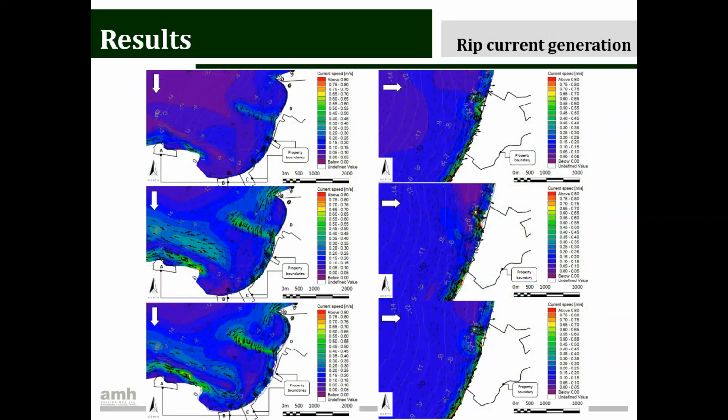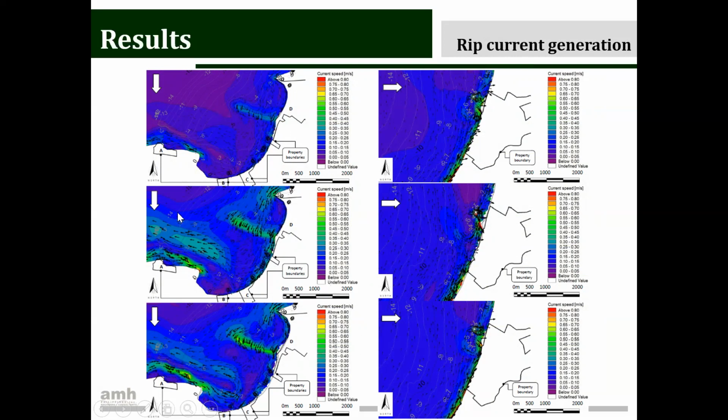The water level, wave, and wind fields are inputted into the coupled hydrodynamic and wave models from which the nearshore currents are synthesized. This slide shows the simulated rip currents at 3 stages: the generation stage, the upper plots here, the peak stage, the middle plots, and the recession stage, the lower plots.